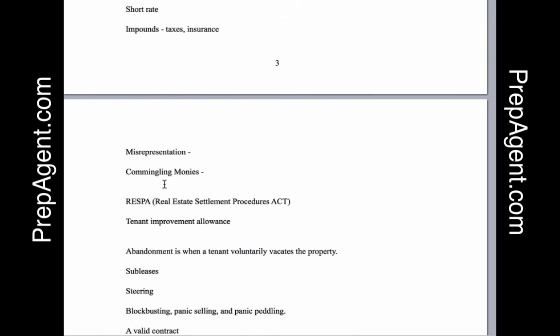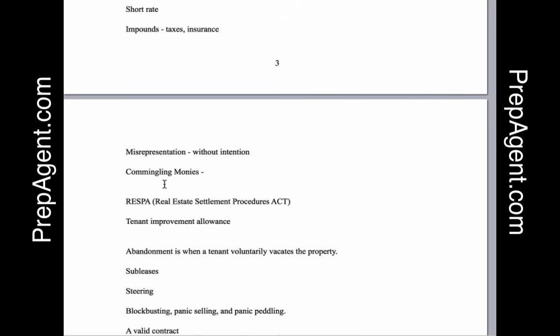Misrepresentation. Fraud. There's a big difference in those two things as well. Misrepresentation is not on purpose.